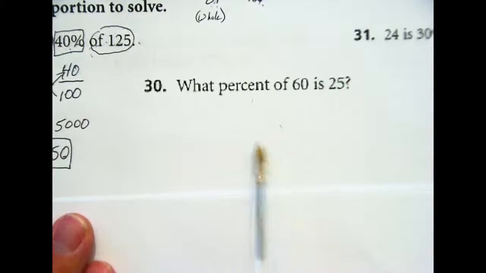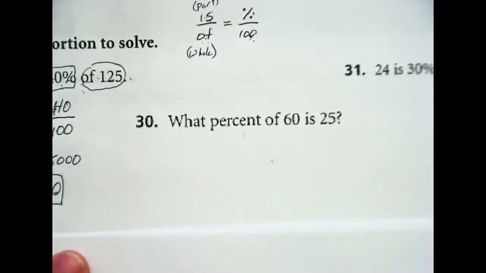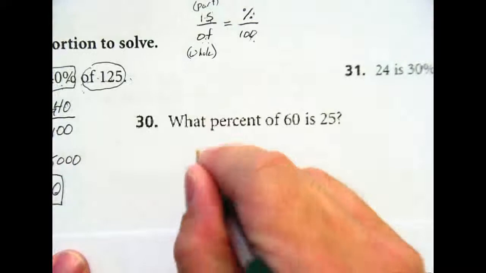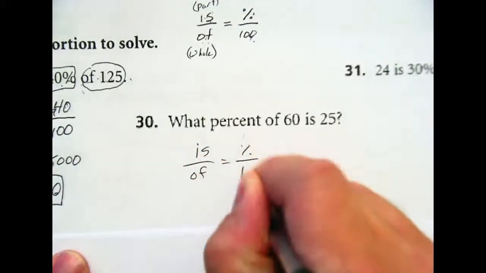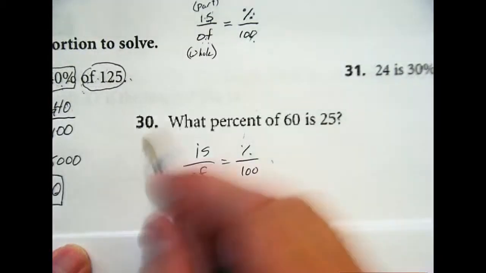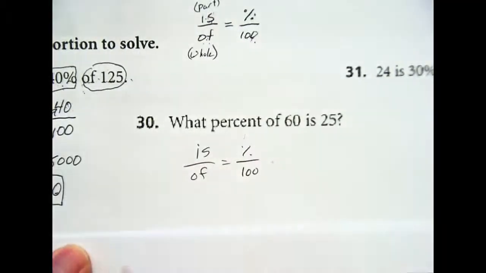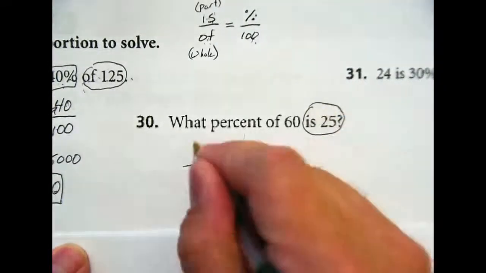And number 30, what percent of 60 is 25? Well, in this one, if I'm thinking of my is, my of, my percent, and my 100, what's my is in this one? What number is next to is? 25. Yeah, 25. Or when you're reading it, this is your part. Here's your 25.